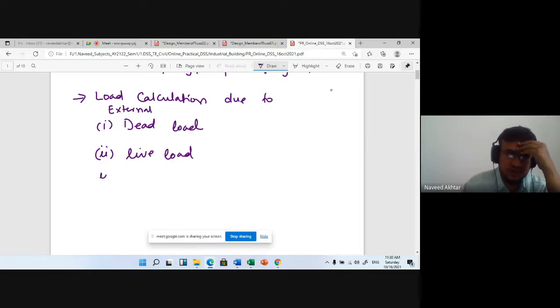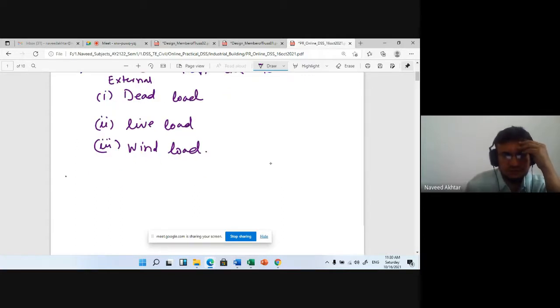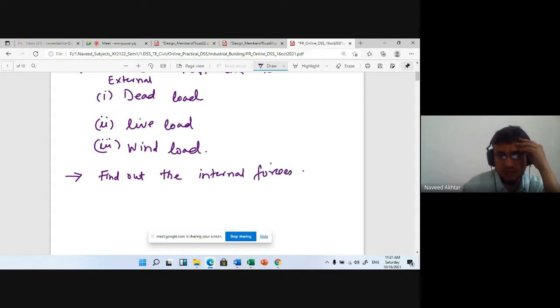Dead load, live load, and third is wind load. So after we do the load calculation externally, then we have found out the internal forces in the member.